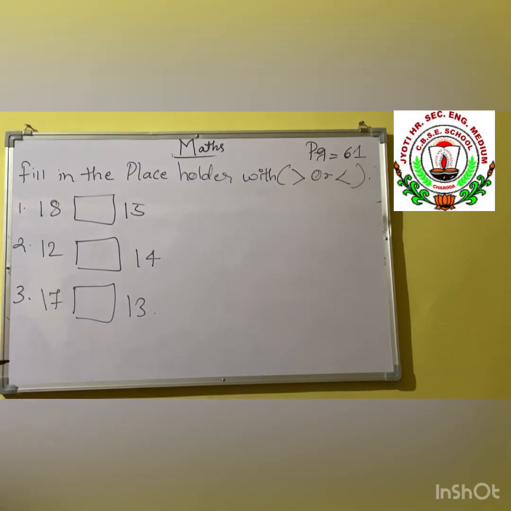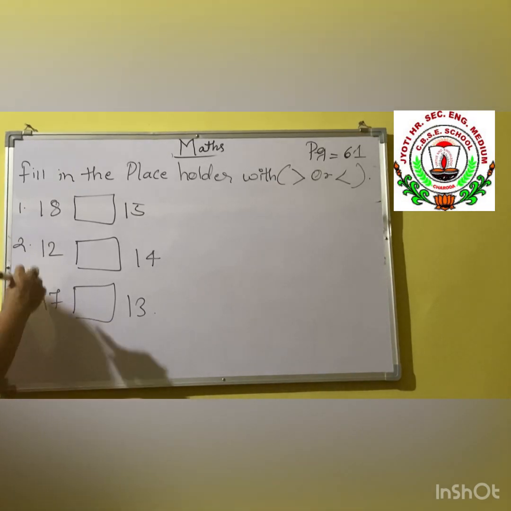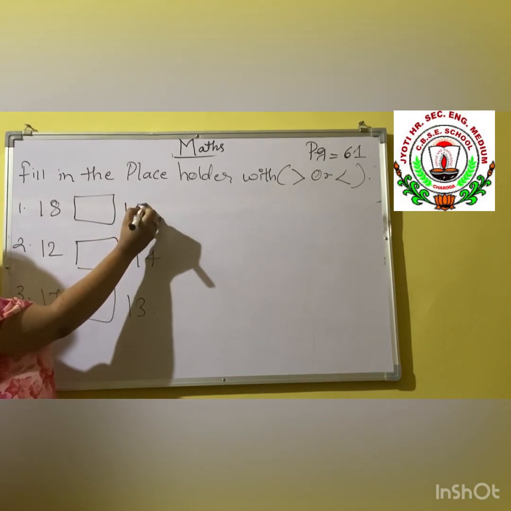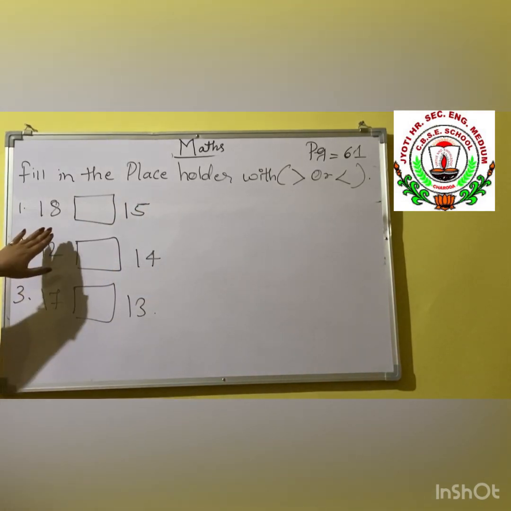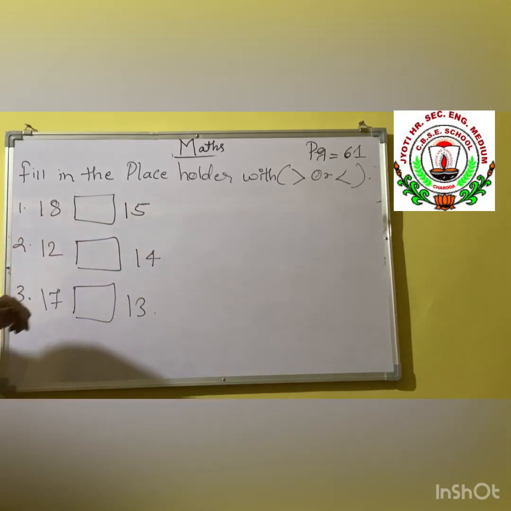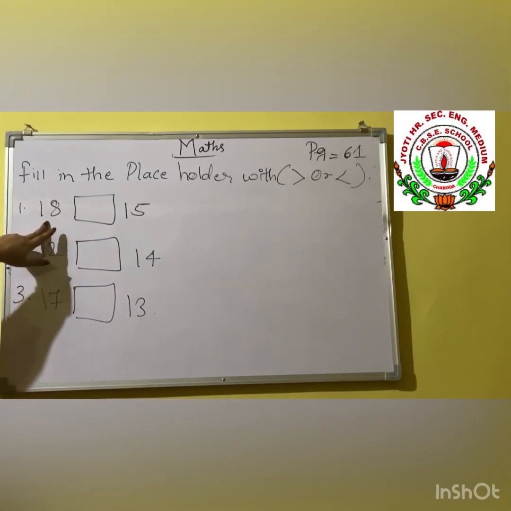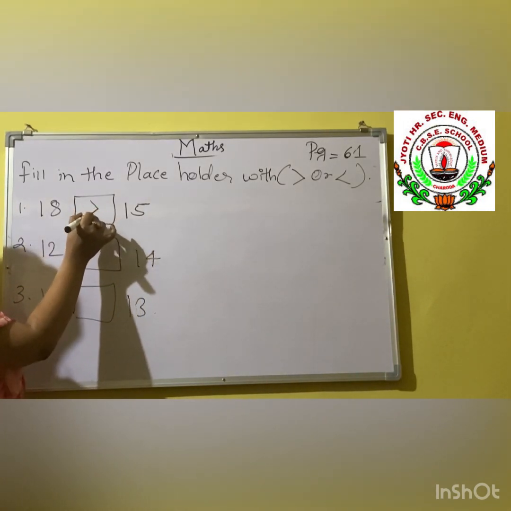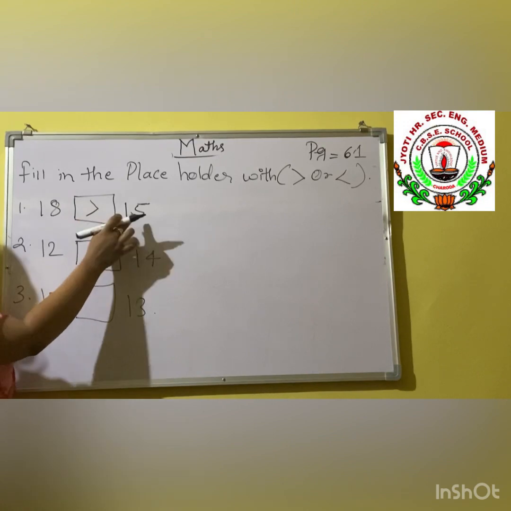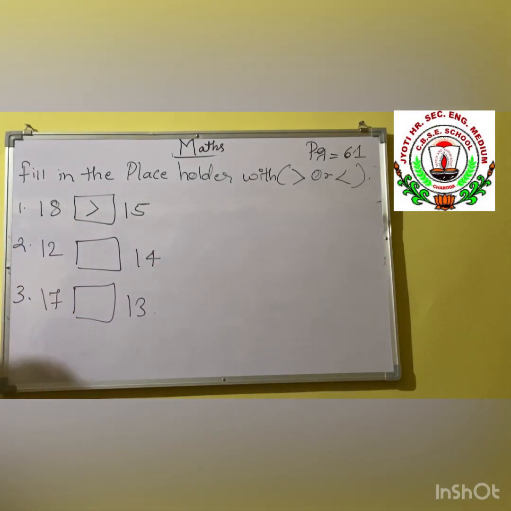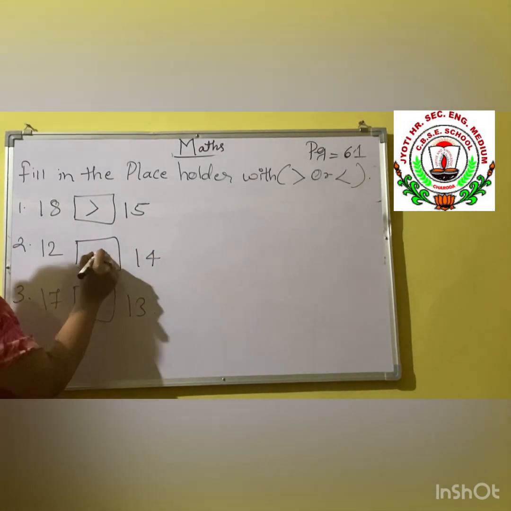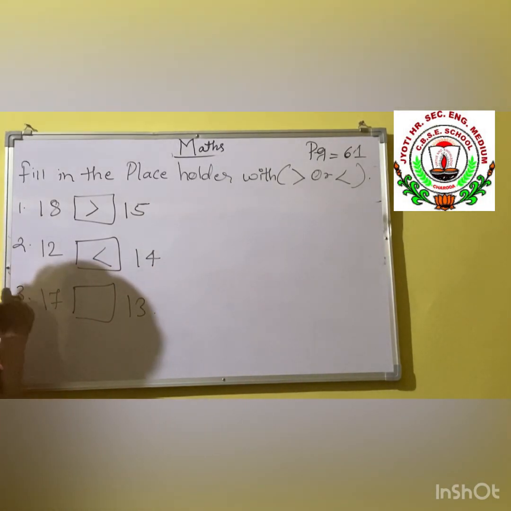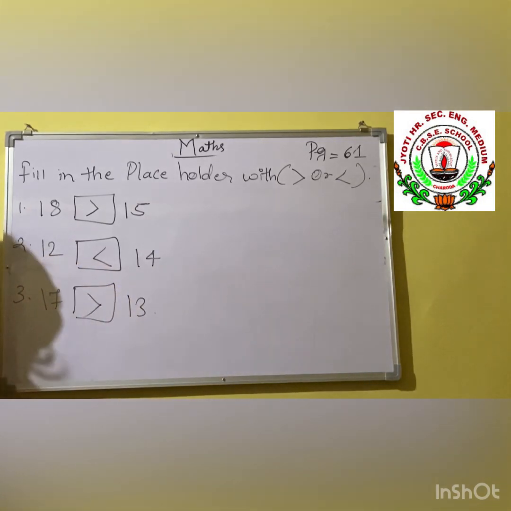After that you have to solve them on your own. Okay. Now 18 and 15. Which one is greater? Obviously 18 is bigger. So towards 18 the mouth will be open and towards 15 the mouth will be closed. Okay. Now 12 or 14. 14 is bigger. Now 17 and 13. Which one is greater? 17 is greater than 13.